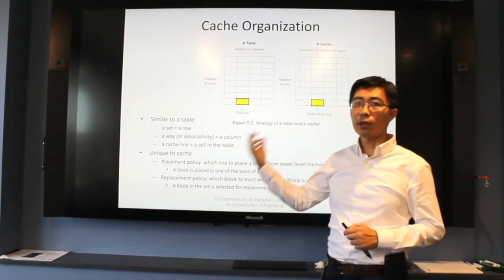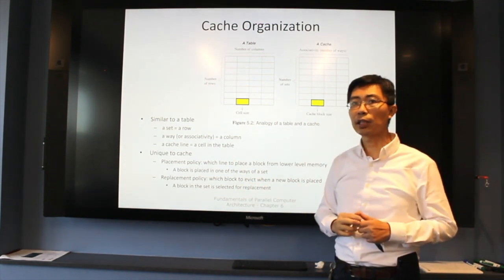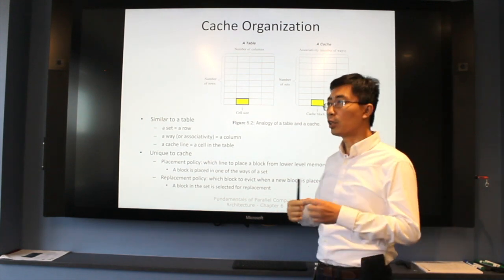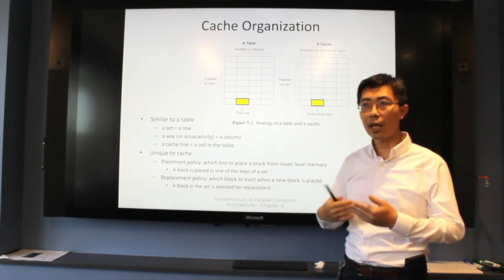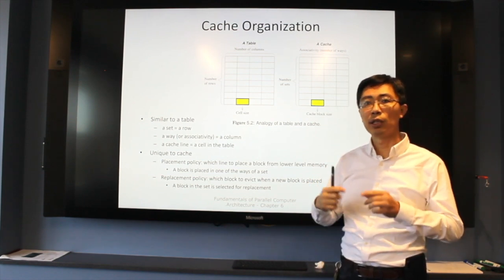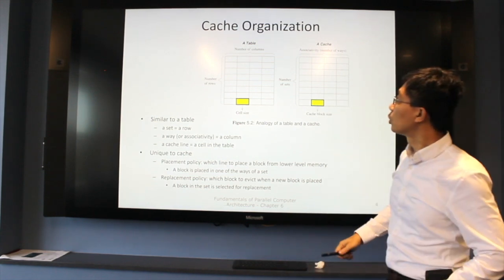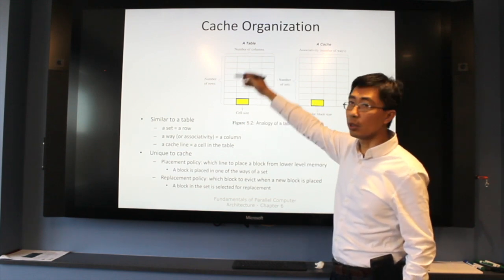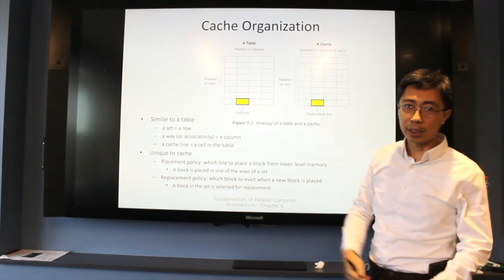So now let's think about a single cache. You can think of a single cache as a table. It essentially stores cells of data. In cache terminology, these are called cache lines or cache blocks. If you have a table, you will have a number of rows and a number of columns, and that will be the size of the cell.